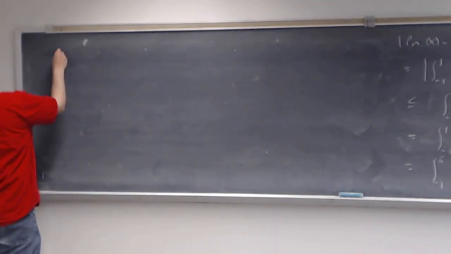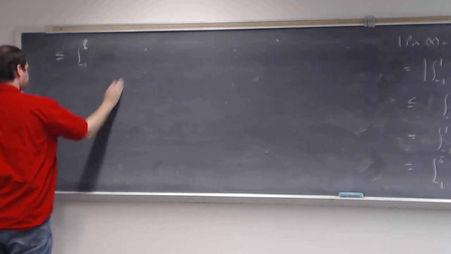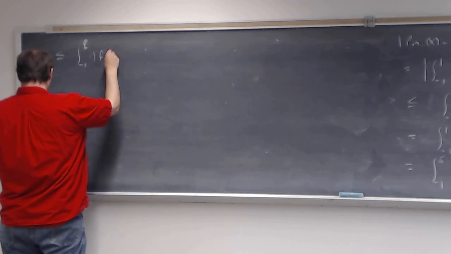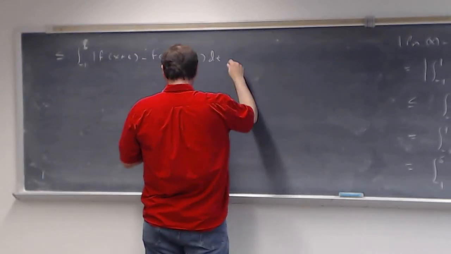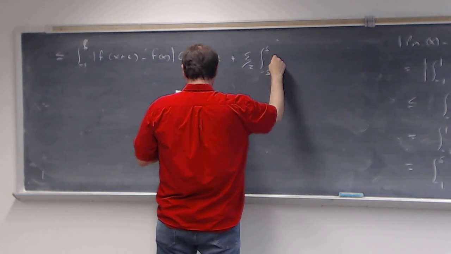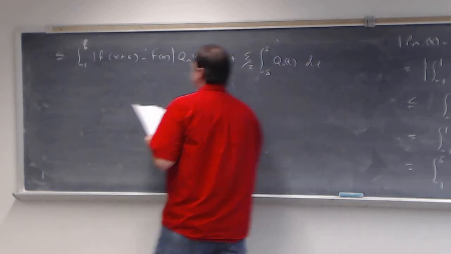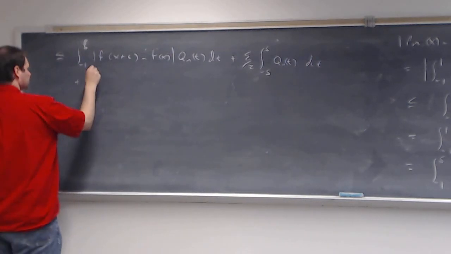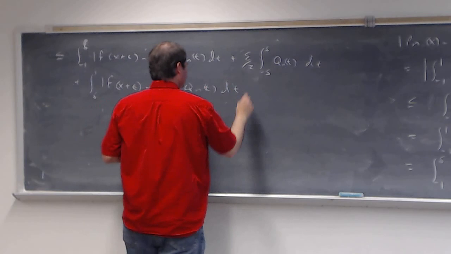This is going to be less than or equal to the integral from minus 1 to minus delta of the norm of f of x plus t minus f of x times q sub n of t dt, plus epsilon over 2 by previous work, times the integral from minus delta to delta of q sub n of t dt, plus the integral from delta to 1 of the norm of f of x plus t minus f of x times q sub n of t dt.